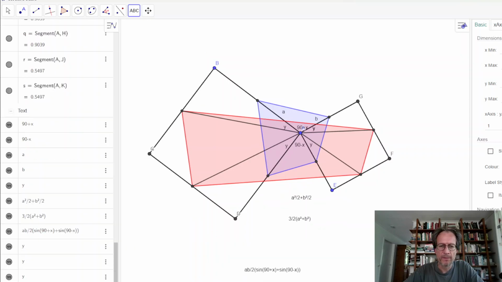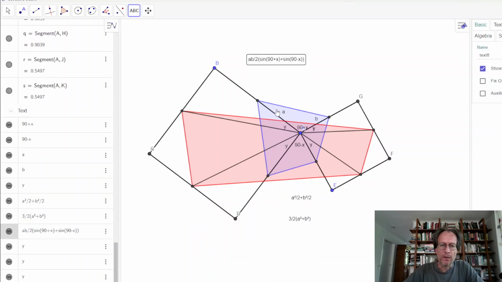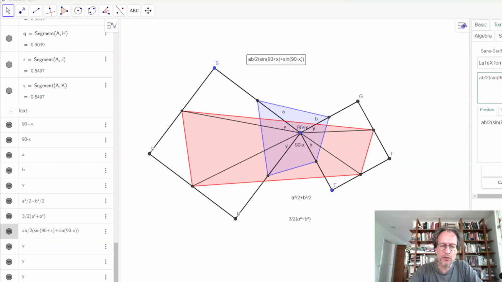So adding up this triangle and this triangle, you find that this is the expression for their total area. But now, this is very easy. This is the cosine of x. This is also the cosine of x. So this adds up to ab cosine x. A very simple expression for the sum of the blue triangles. Okay, that's for the blue.